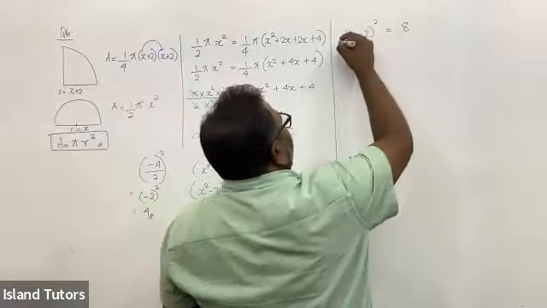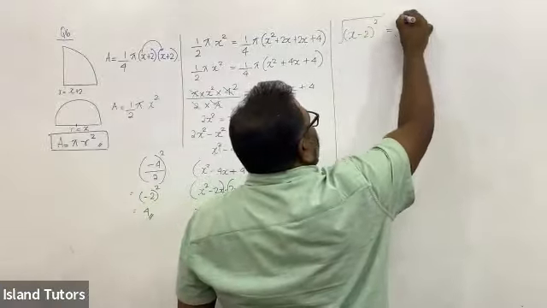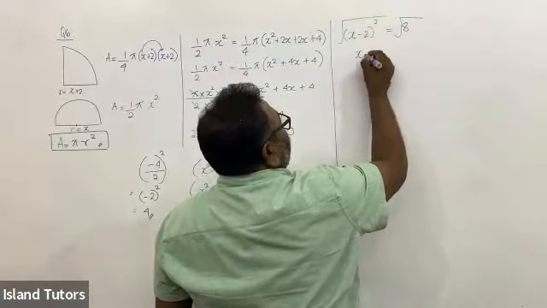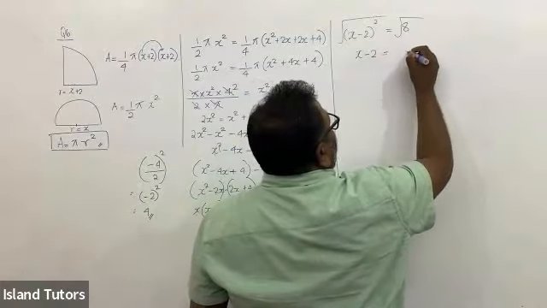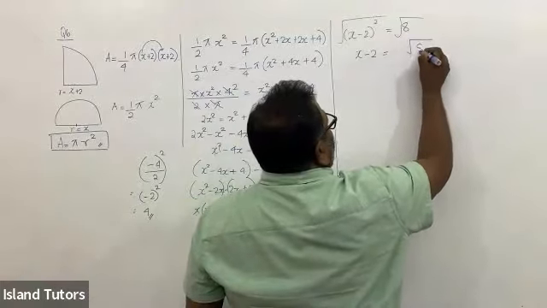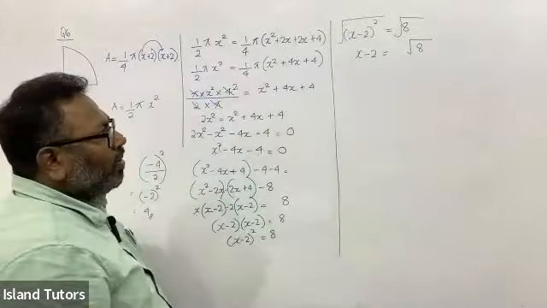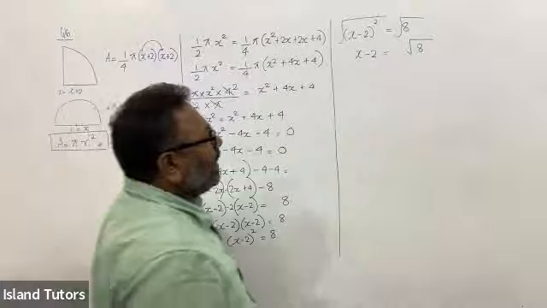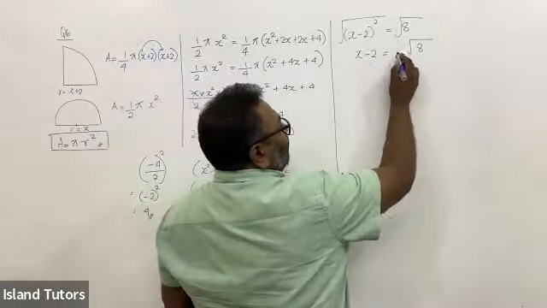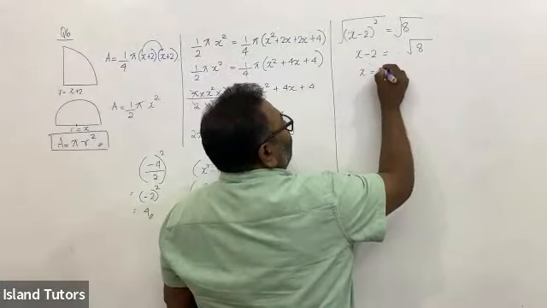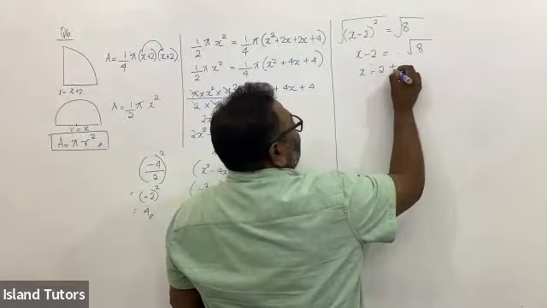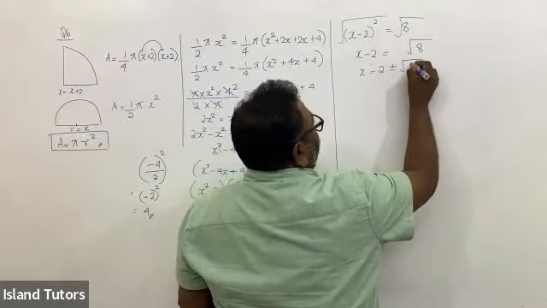So x minus 2 is equal to square root of 8. Right? And we take the 2 to this side. So x will become 2 plus or minus square root of 8.